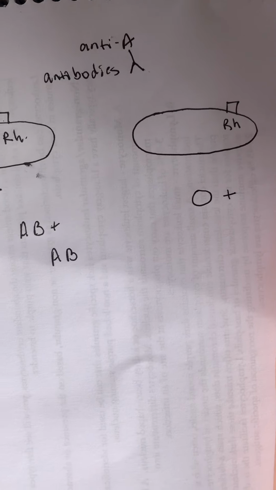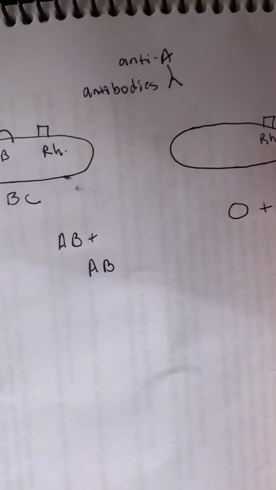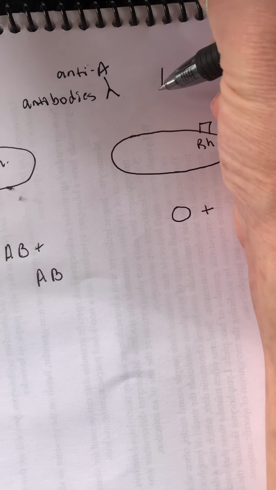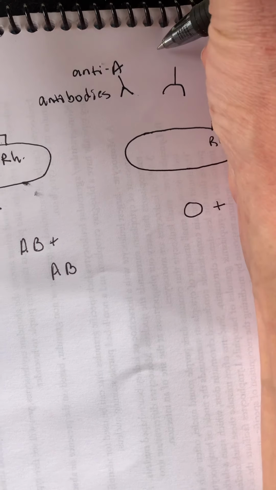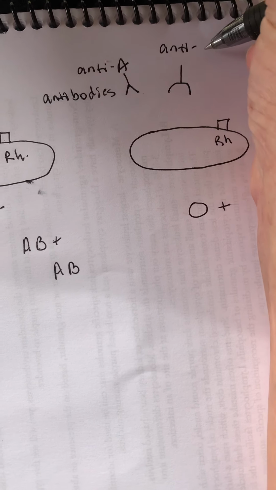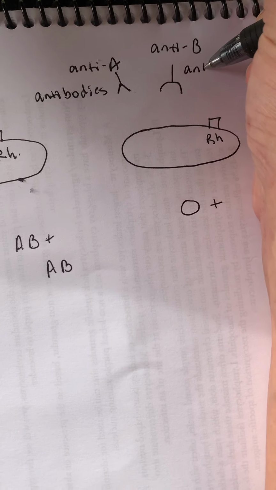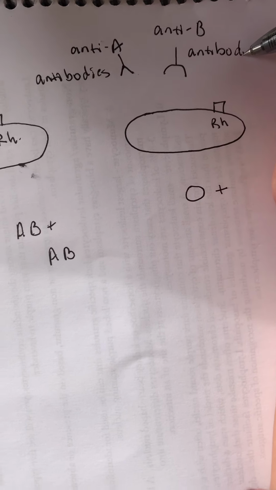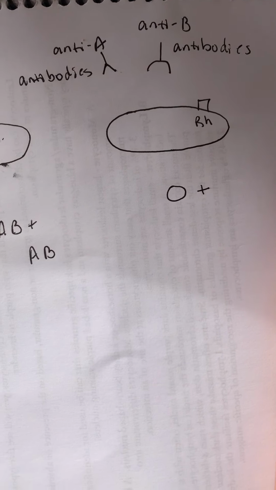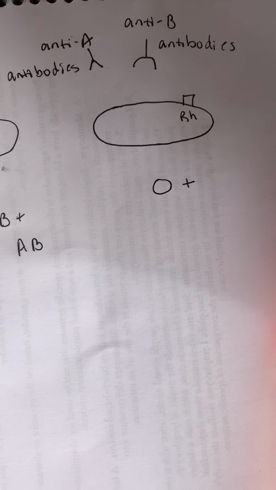They also don't have a B, so we're going to see them making antibodies against that B antigen. So these would be called anti-B antibodies. Those are the two types of antibodies an O positive person would make.